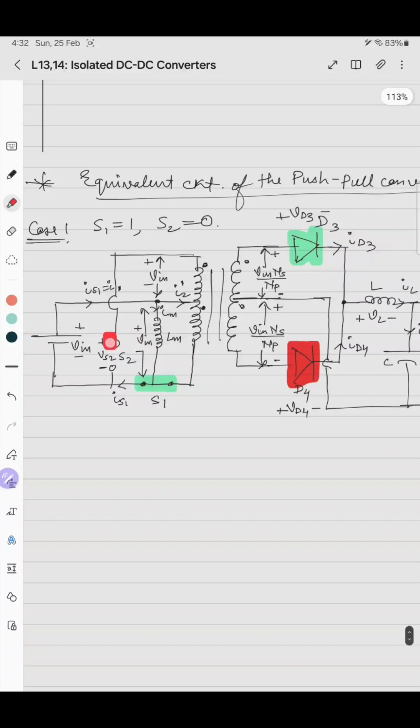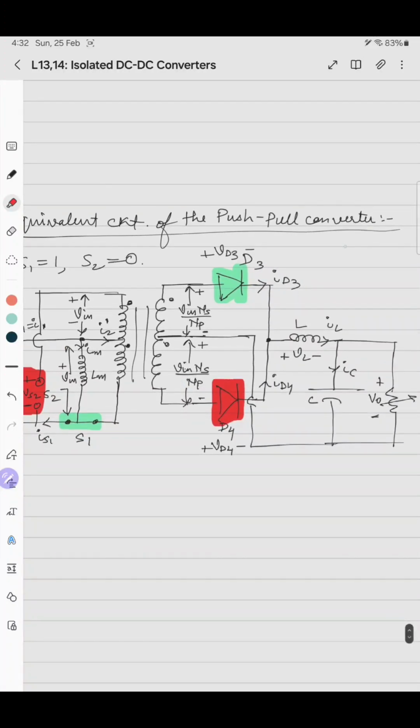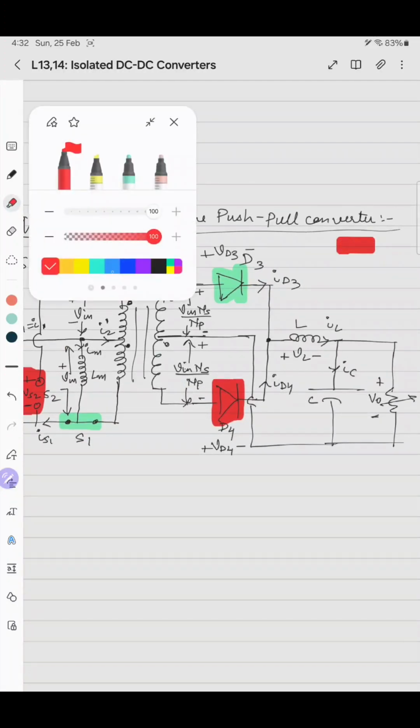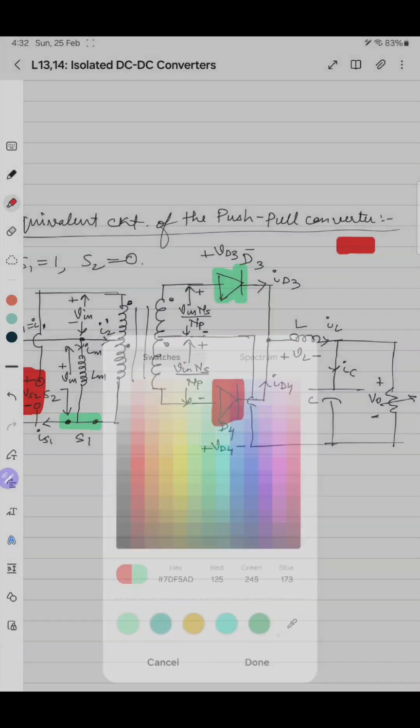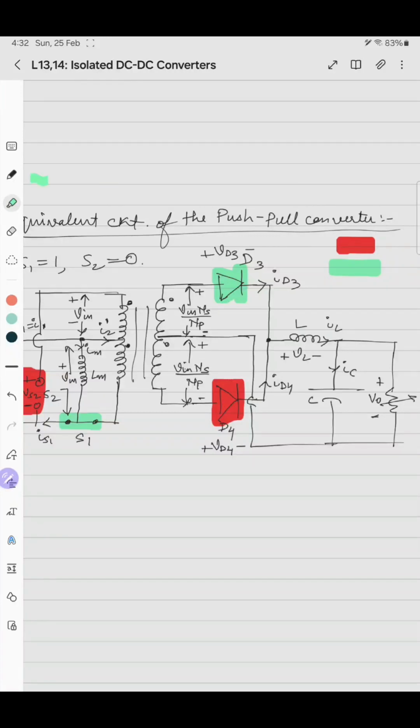Similarly, this is turned off, this is turned off. This is off, and this means that the device is on, or I can write like this: on, off.